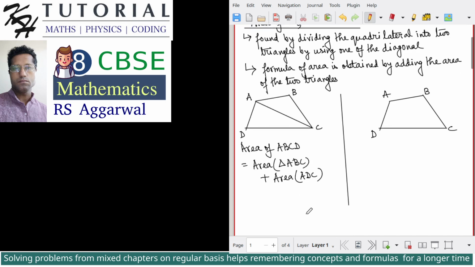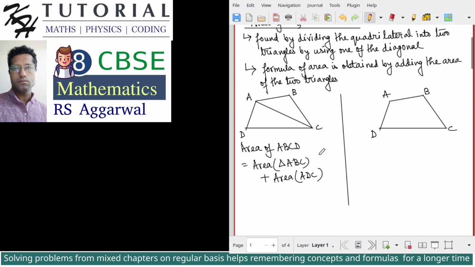Now how do we find the area of triangle ABC? Using the formula half into base into height, we will need the height and base of triangle ABC, as well as the height and base of triangle ADC.